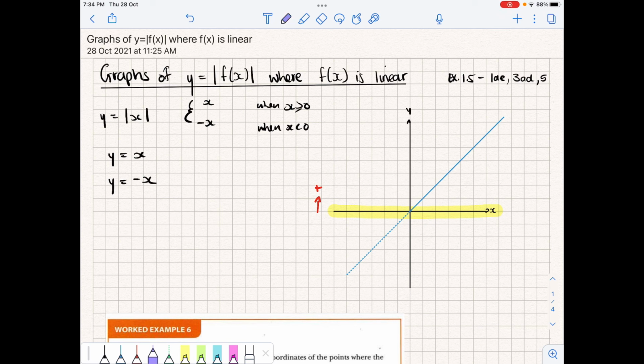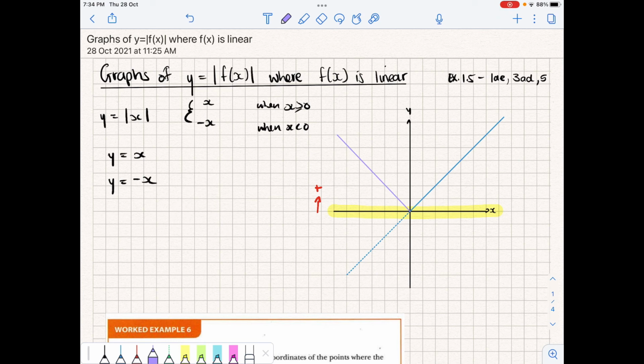From here, we could also have y equal to negative x. So y equal to negative x is just running in this direction. It has the negative gradient, and it runs something like that.